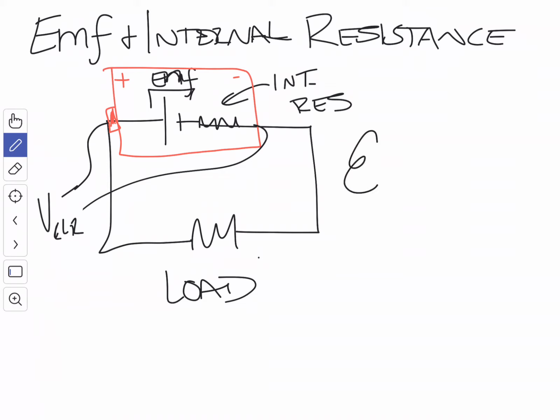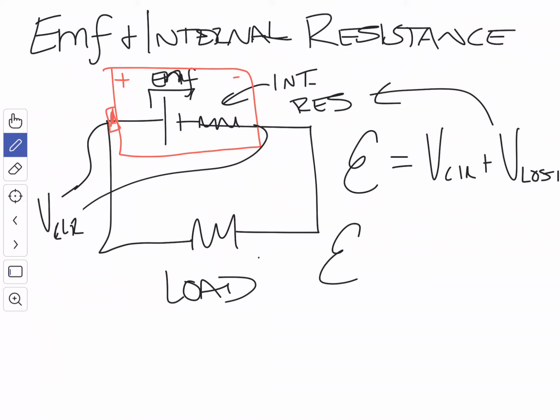And so the basic equation is the EMF is equal to the voltage of the circuit plus the voltage that is lost in the battery. And so that's this internal resistance, which is the voltage loss. That's going to be the current times the resistance of the load, plus the current, because this is a series circuit, times the internal resistance, which is typically labeled as lowercase r.